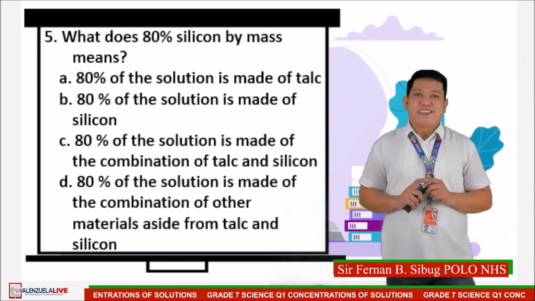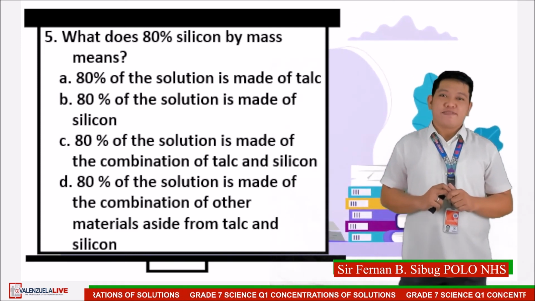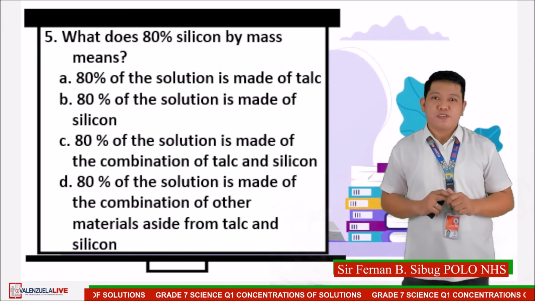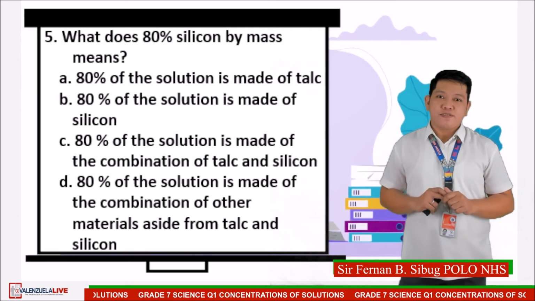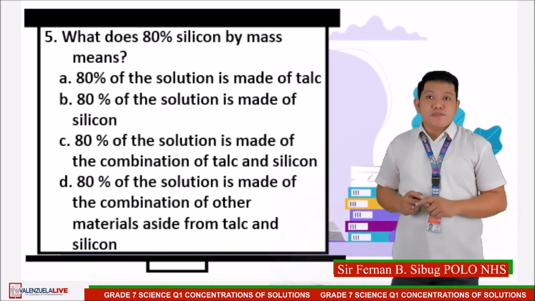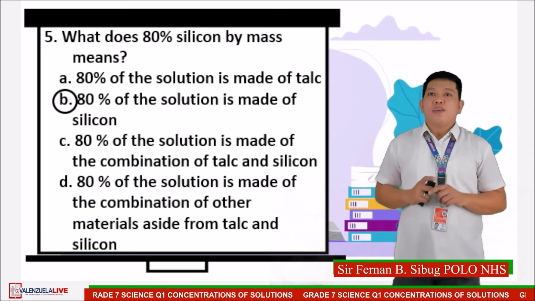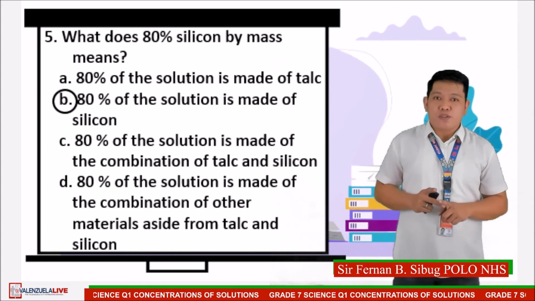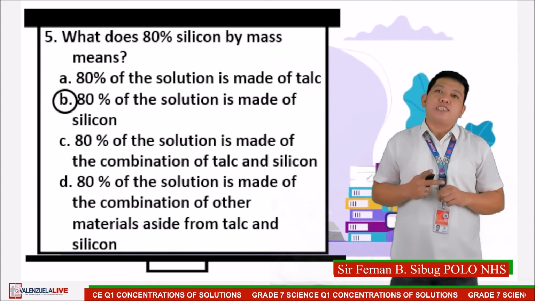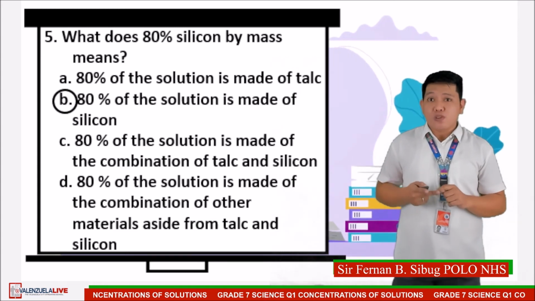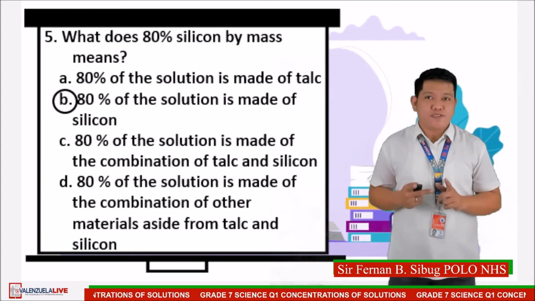Type in your answer. Okay, the correct answer is letter B. 80% of the solution is made of silicon. When we say 80% silicon by mass, this means that 80% of the solution is made of silicon.